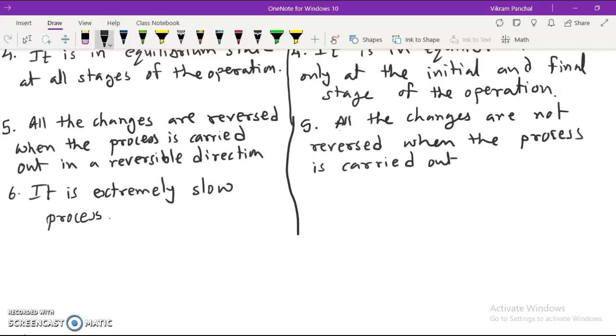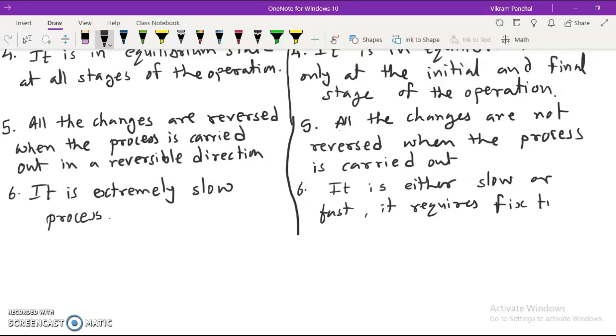For irreversible process, it is either a slow process or fast. It requires fixed time to complete.